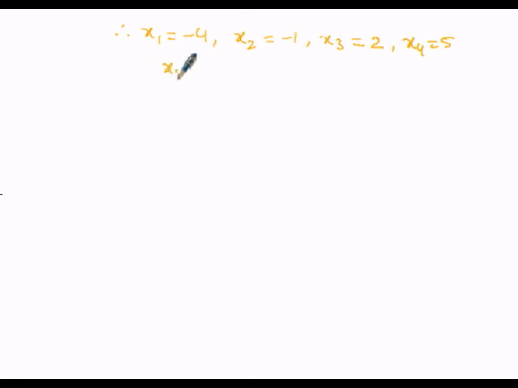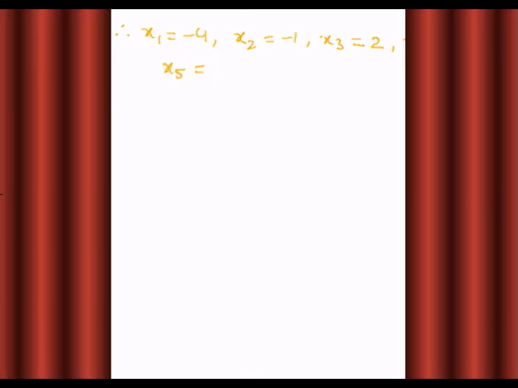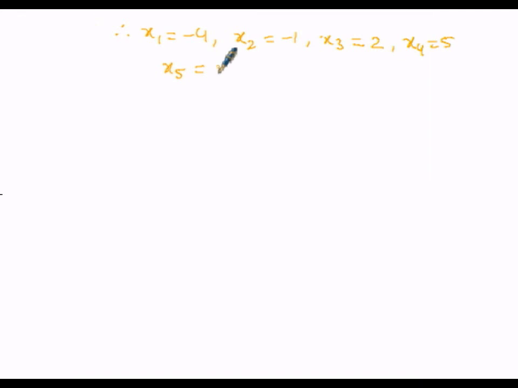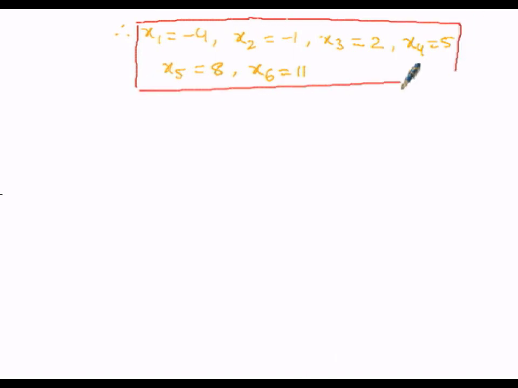Then x5 equals 8 and x6 equals 11. In this manner we got these values: x1 as minus 4, x2 as minus 1, x3 as 2, x4 as 5, x5 as 8, x6 as 11.